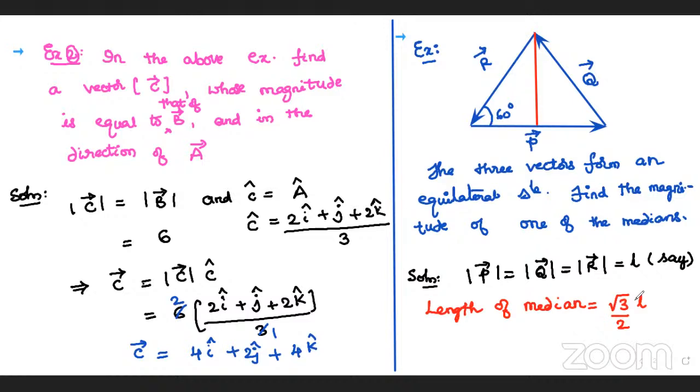So the length of the median we get directly, without using any vector concepts. If the side length is L, the length of the median is root 3 upon 2 times L, where L is either mod P, mod Q or mod R. So this is the length of the median.